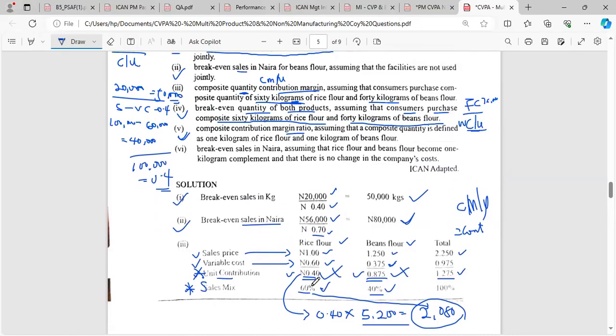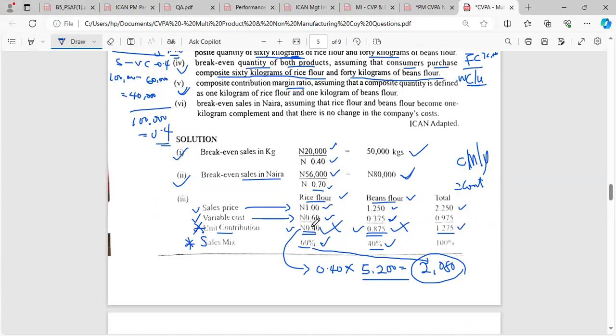I told you to apply 60% for rice and 40% for beans. So do 60% of 0.4, and 40% of 0.875. Add them together. That will be our contribution per unit for both products. No rocket science about it.